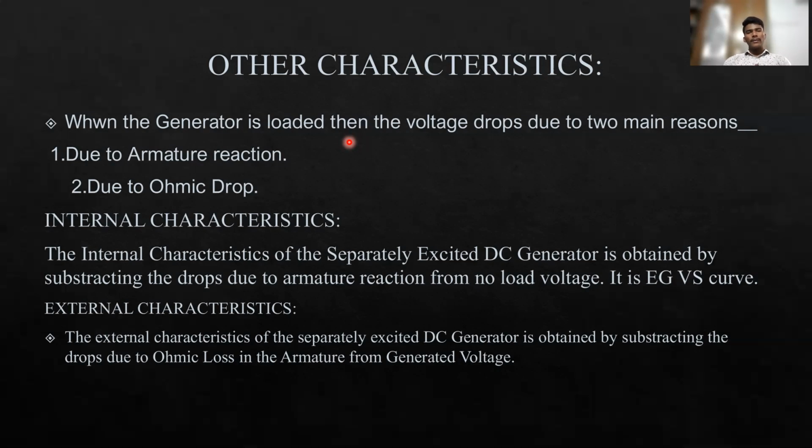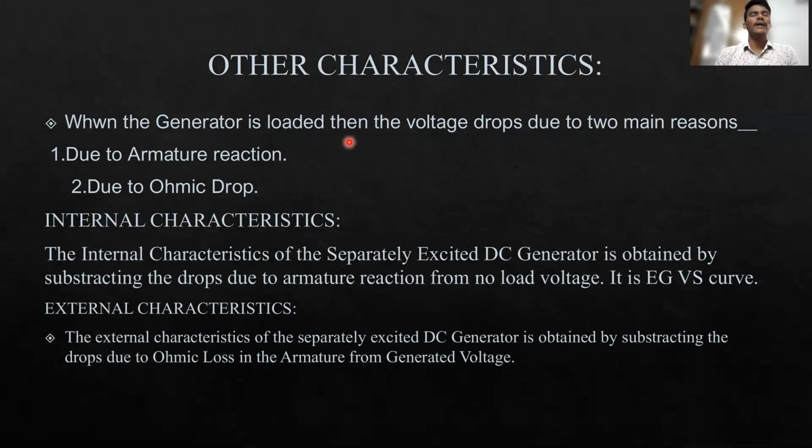It is the E G versus I L curve. There will be particular values for the no load voltage and the voltage drop due to armature reaction, and the leftover value after subtracting them is called the internal characteristics. It is what changes internally.